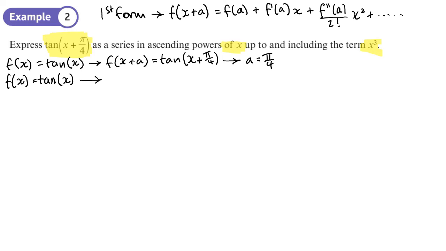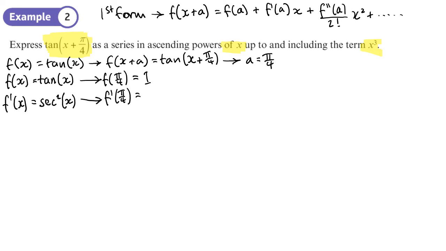So I can now work out f of a. So that's going to be f of pi over 4. So tan of pi over 4, like tan of 45, is 1. Then we'll differentiate. This is in the formula book. Tan differentiated is sec squared x. So I now need to work out f dash of pi over 4.